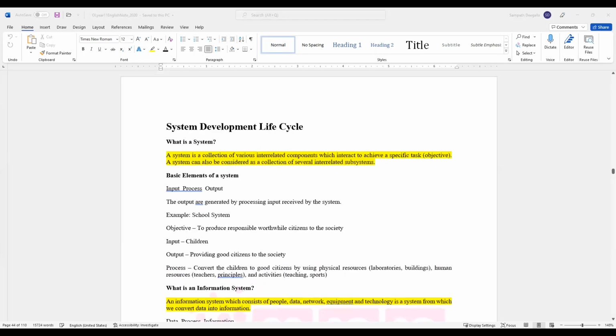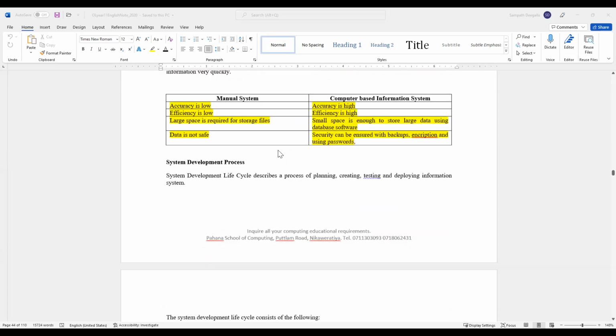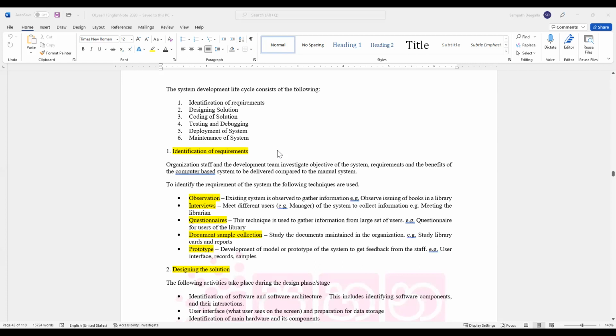Okay, so let's look at the theory first before we go on to the solutions. So in this example, they are going to have a new information system for a library. We already discussed the steps, right?